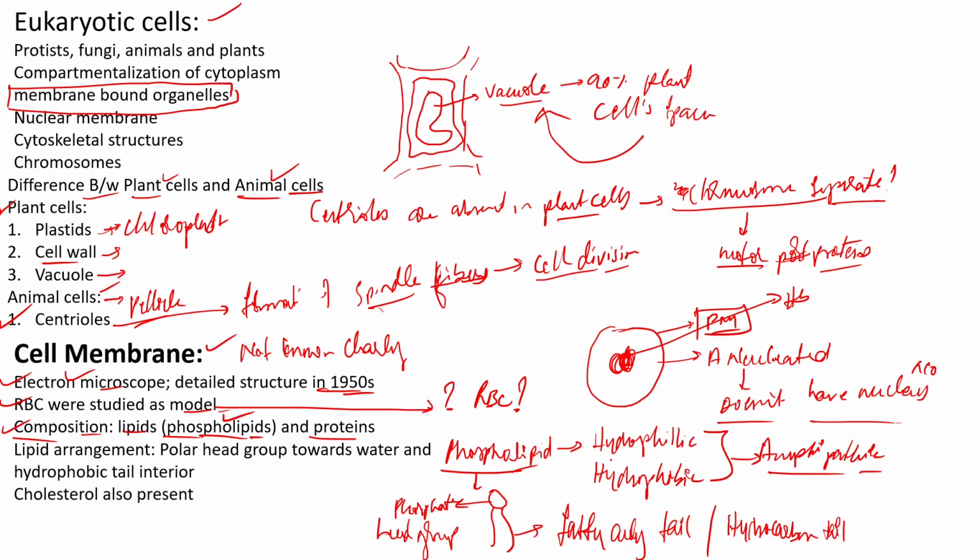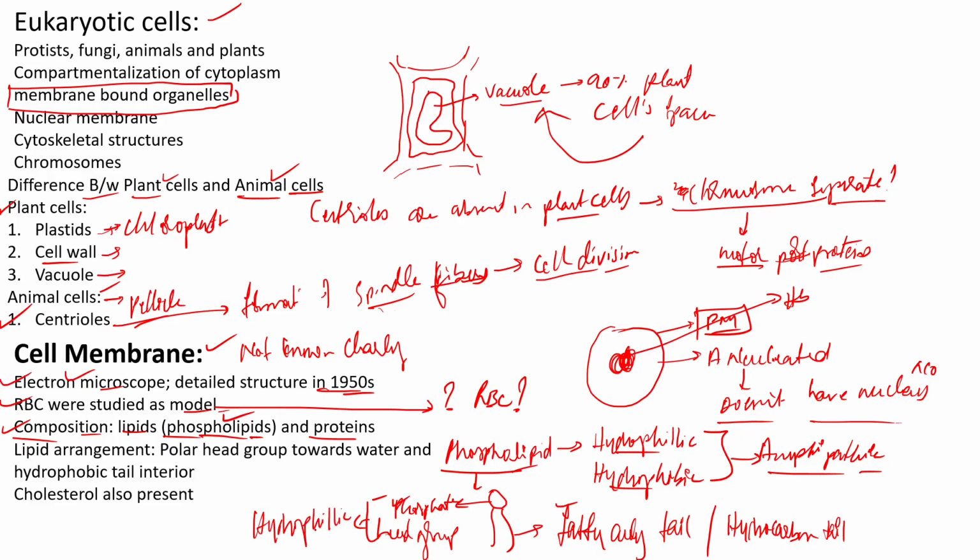As we said a moment ago, the phospholipid is hydrophilic and also hydrophobic in nature. It is mainly made up of a phosphate head group and the fatty acyl tail. Which part is hydrophilic and which part is hydrophobic? It is mainly the phosphate head group that is hydrophilic.